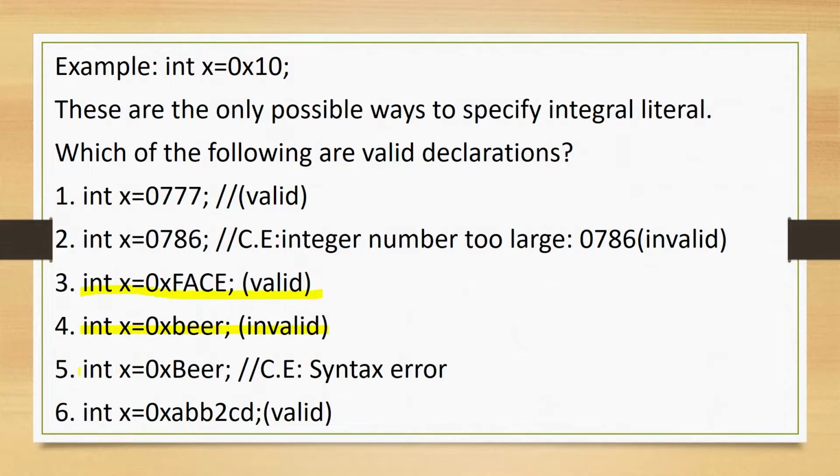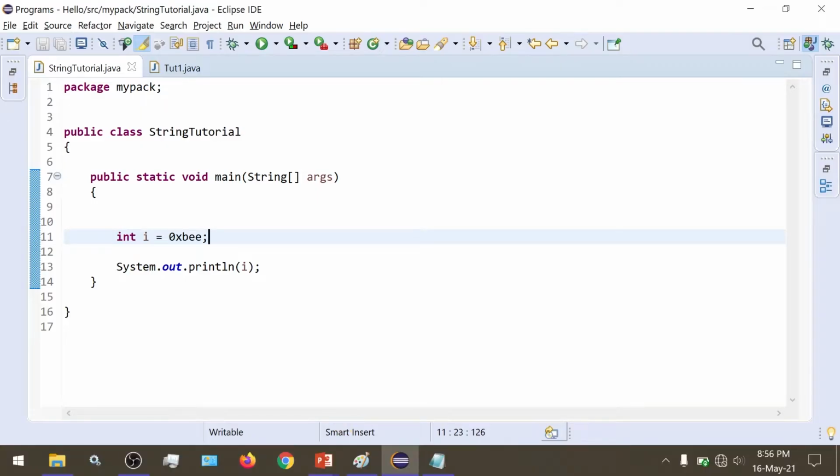Similarly, even if we change the b from lowercase to uppercase, it won't make any difference, you would still get an error. Then let's see this one, int x equal to 0xabb2cd. We can write this. This number can be as long as we want. It doesn't matter. Even if we use a collection of numbers and characters interchangeably, it is always valid.